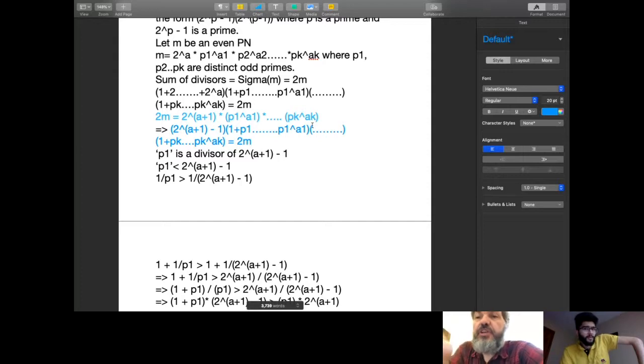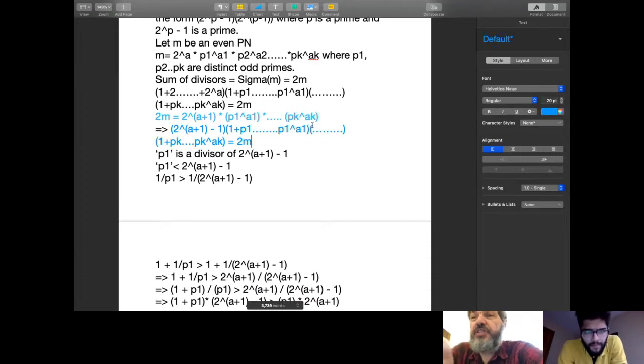I claim that the product of the first two factors on the second blue row is larger than the product of the first two factors on the first blue row. The product of the factors on the first blue row is 2 to the a plus 1 times p1 to the a1.